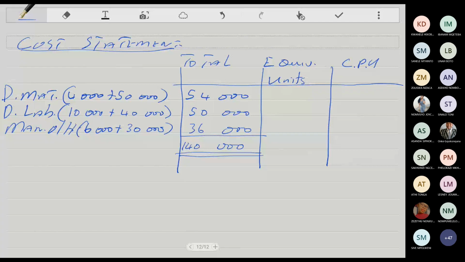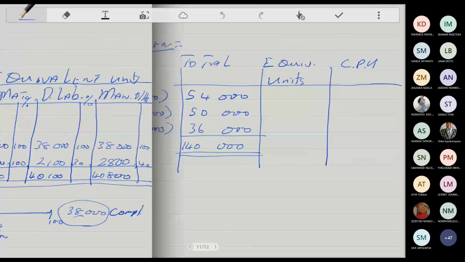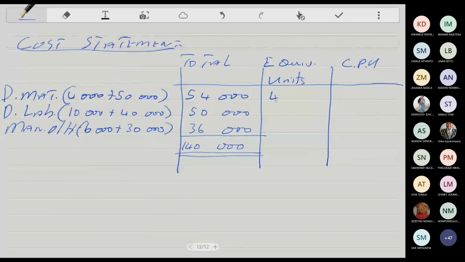Then from the quantity statement, that's where you go and check your equivalent units. Direct material is 45,000 units, 40,100 in labor, 40,800 in your manufacturing overheads.